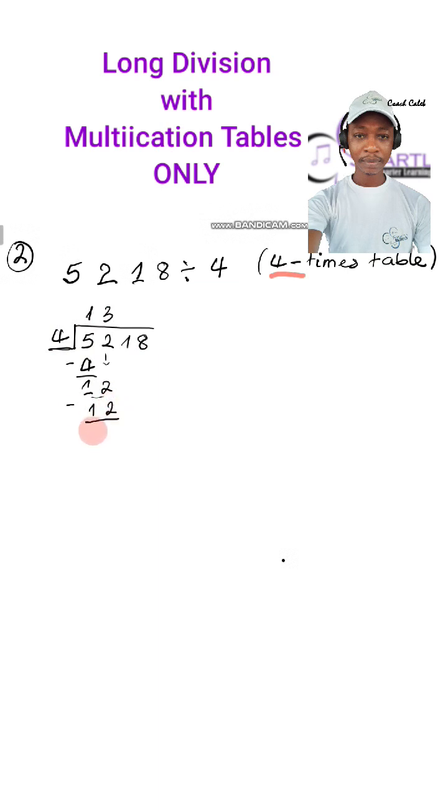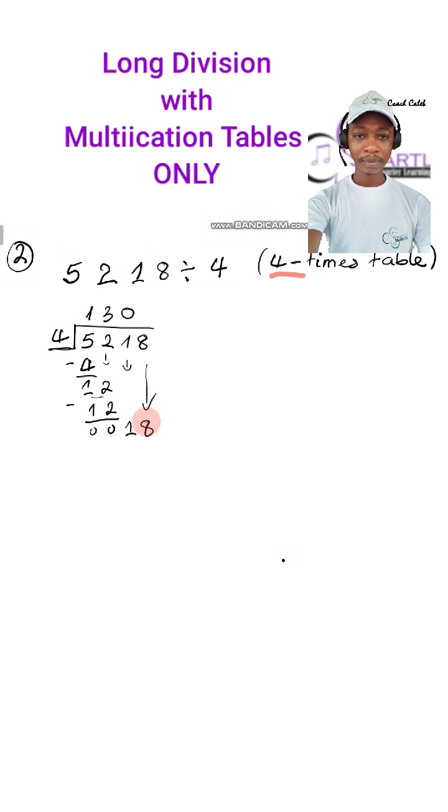Subtraction, 12 minus 12 is 0. Bring down 1. Now be careful here. 1 divided by 4 is not possible because 1 is smaller than 4. So that will go 0 times. Once that happens, don't bother to go through the other steps. Just bring down the next digit immediately.